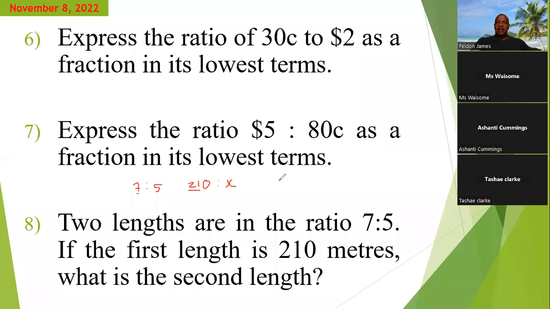So in other words, X is equal to we take the 210 divided by the known value for that ratio, 7, and then we times it by the second value in the ratio, which is 5.